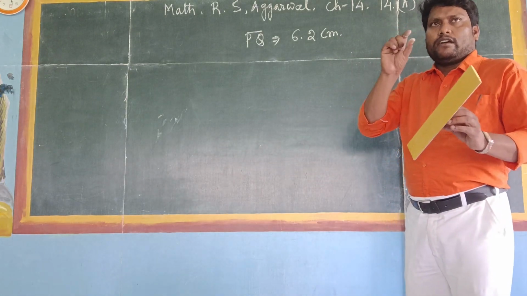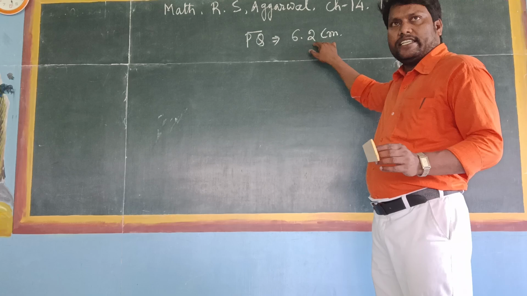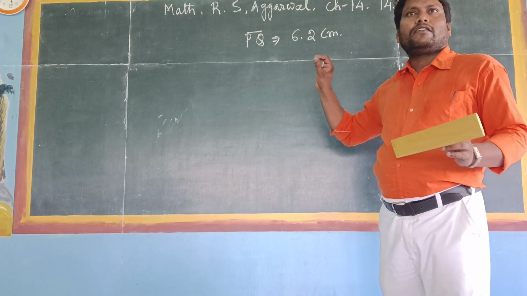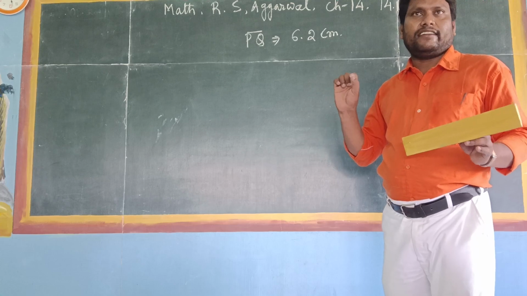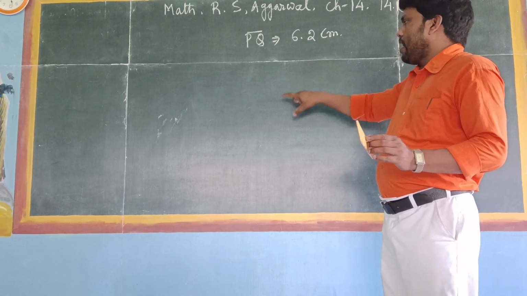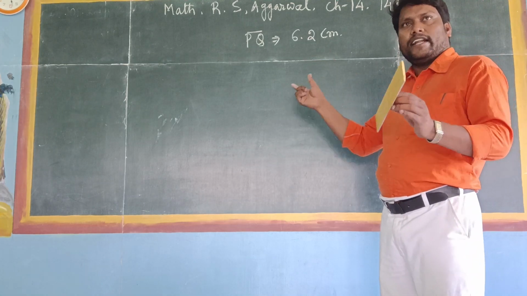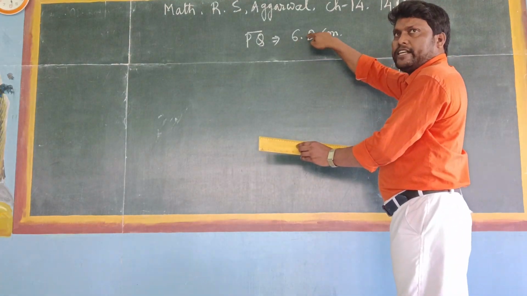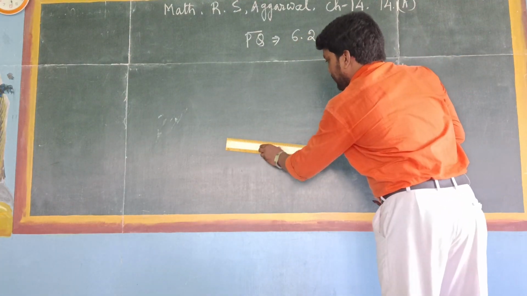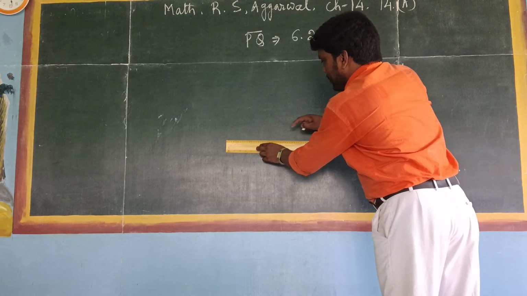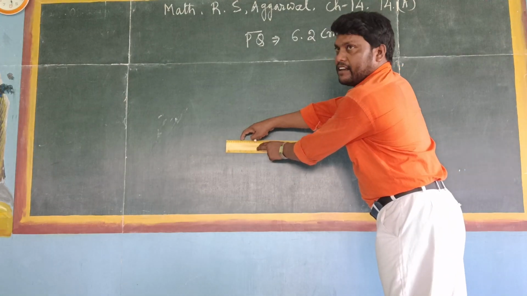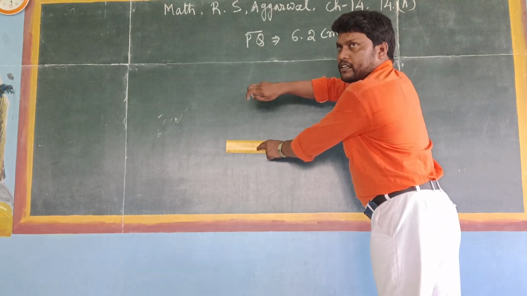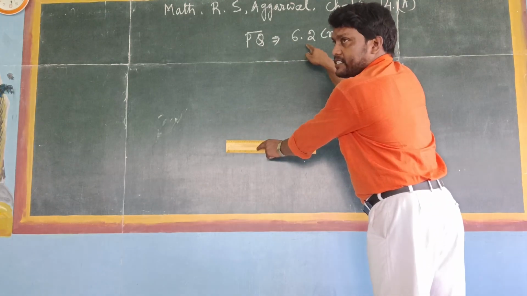Now this is the blackboard. If I take these measures, you will not observe clearly. So I am increasing the length of PQ. Suppose it is 6.2 centimeter; you will measure at first 6.2 centimeter, this portion.